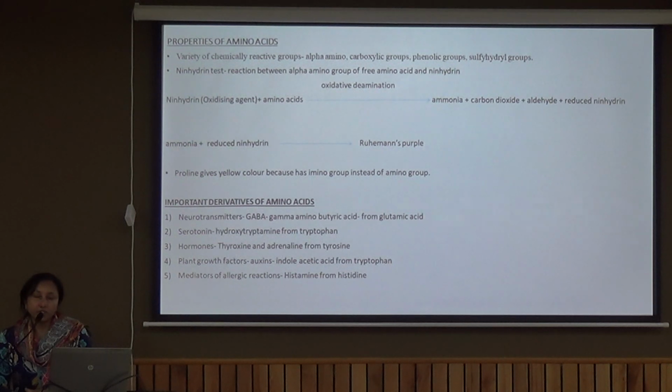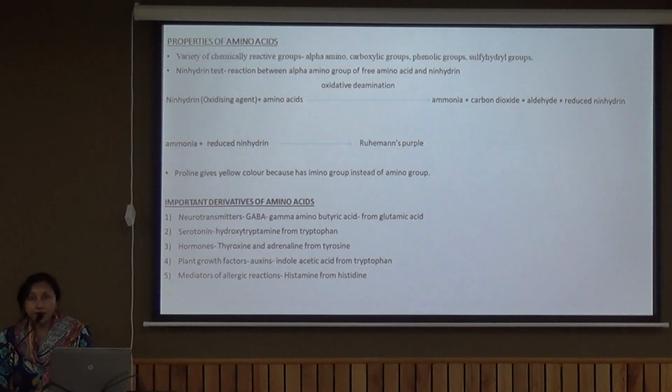Ninhydrin, which is an oxidizing agent, reacts with amino acids, undergoing oxidative deamination, which leads to formation of ammonia, carbon dioxide, aldehyde plus reduced ninhydrin. Now the reduced ninhydrin and ammonia react to form Ruhemann's purple. So appearance of a purplish color means amino acids are present there.